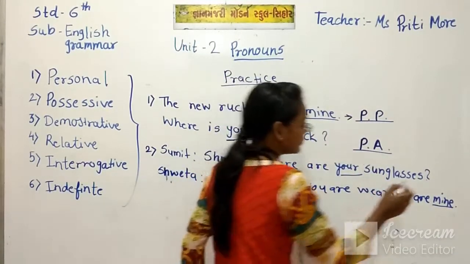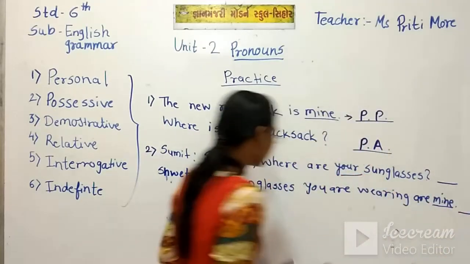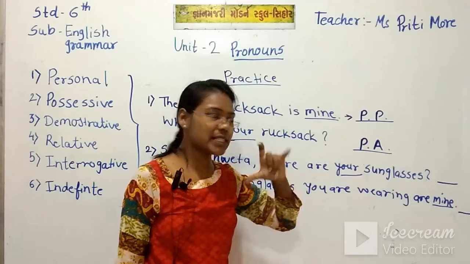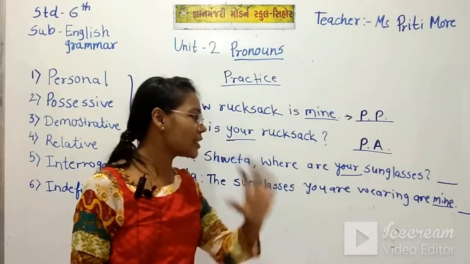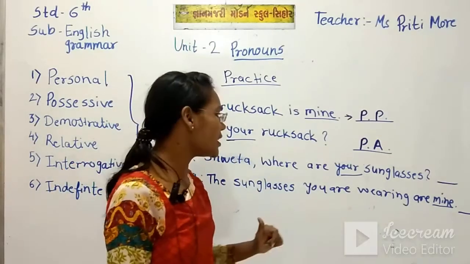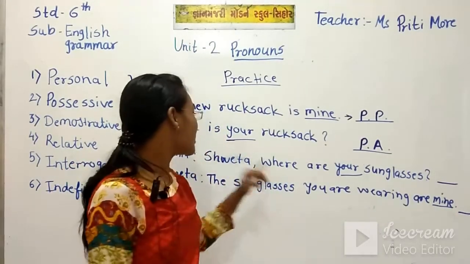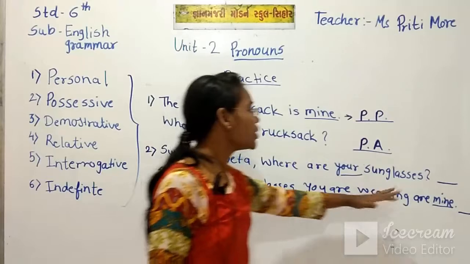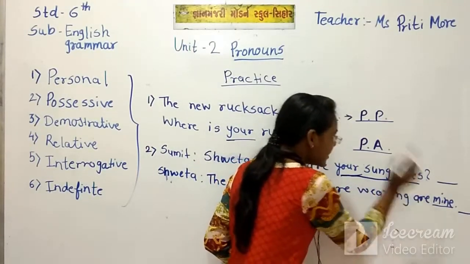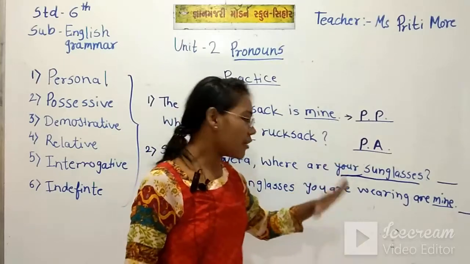Now see, Sumit is saying, Shweta, where are your sunglasses? Everyone uses sunglasses in the summer season to protect your eyes from the sun rays. So Sumit is asking Shweta, where are your sunglasses? Your sunglasses is coming. Rights are not showing here.